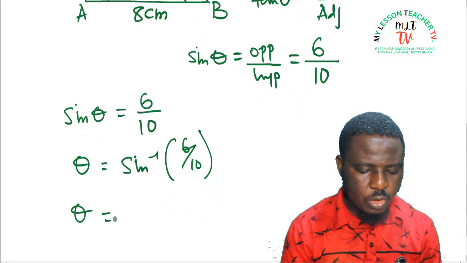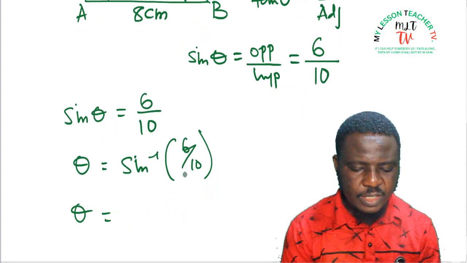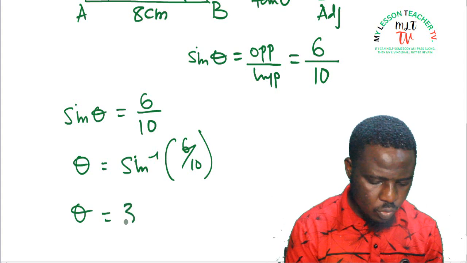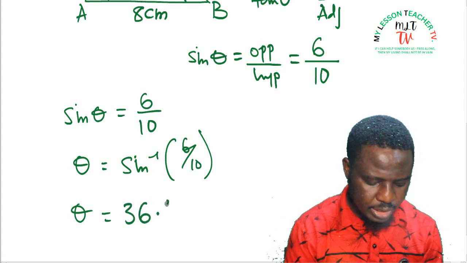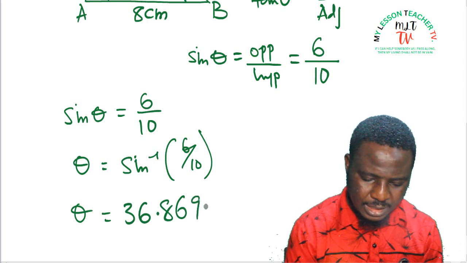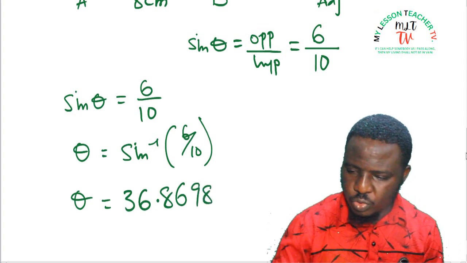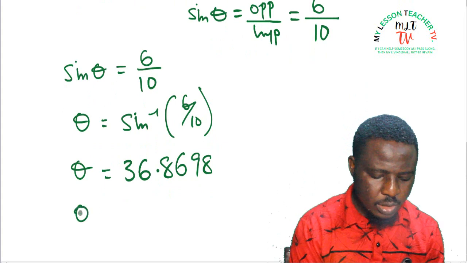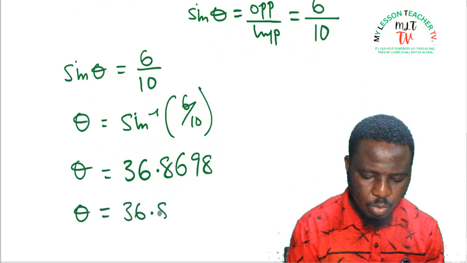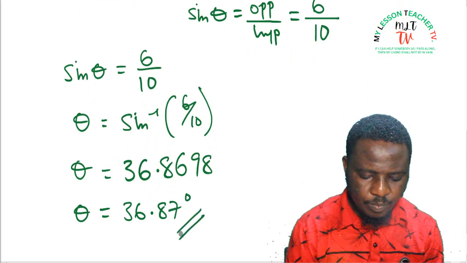So using your calculator, if you punch the sine inverse of 6 over 10, it's going to give you an angle of 36.8698, which you can approximate to 2 decimal places to be 36.87 degrees.